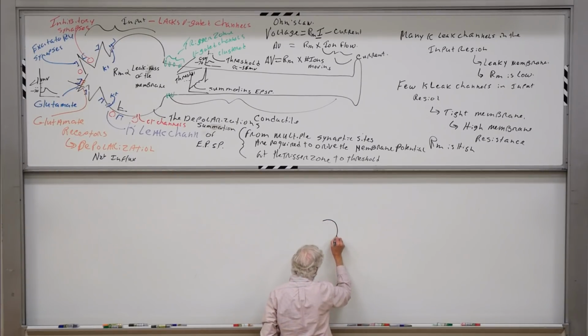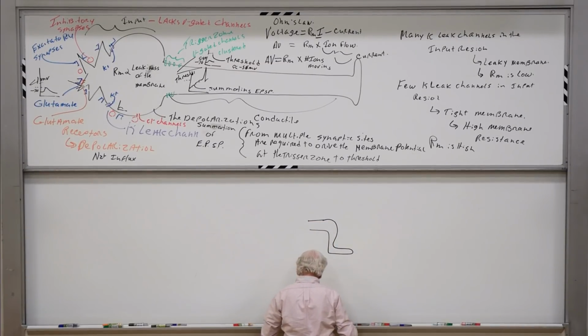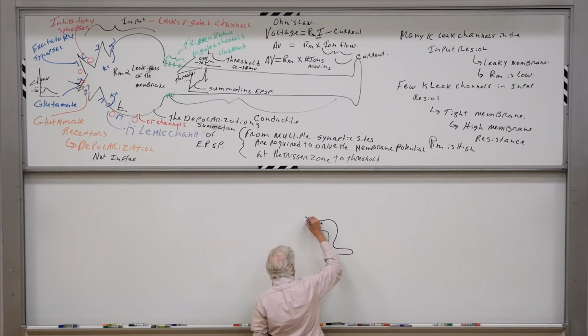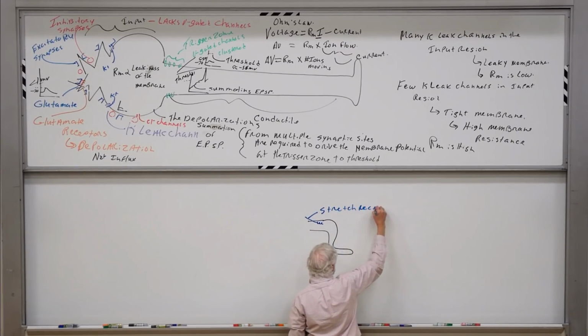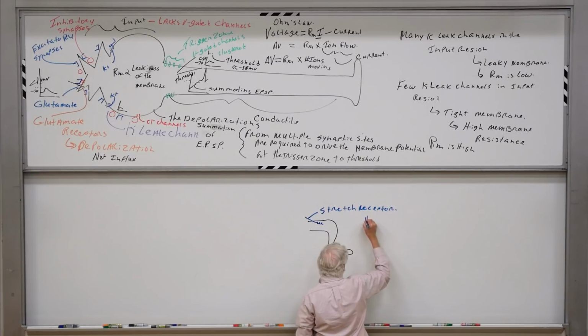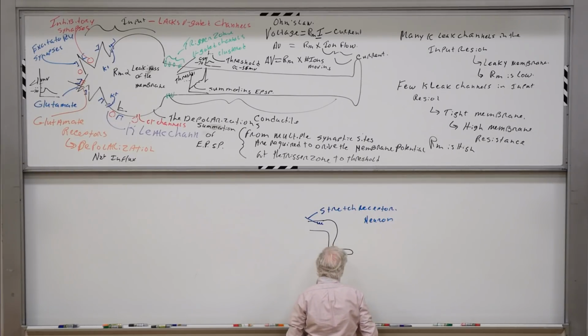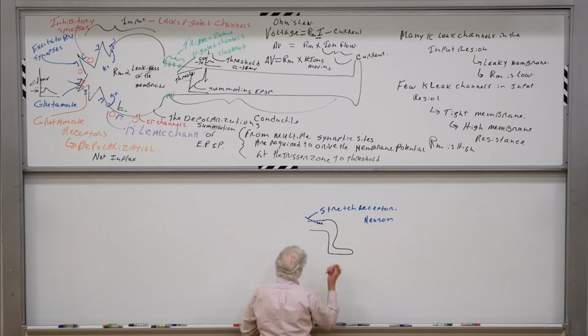Where we had a stretch receptor before, a stretch-activated channel, and a finger, we're now going to put a stretch-activated input region. This is a stretch receptor neuron. It's a stretch receptor of a neuron in a muscle of the leg called the quadriceps.